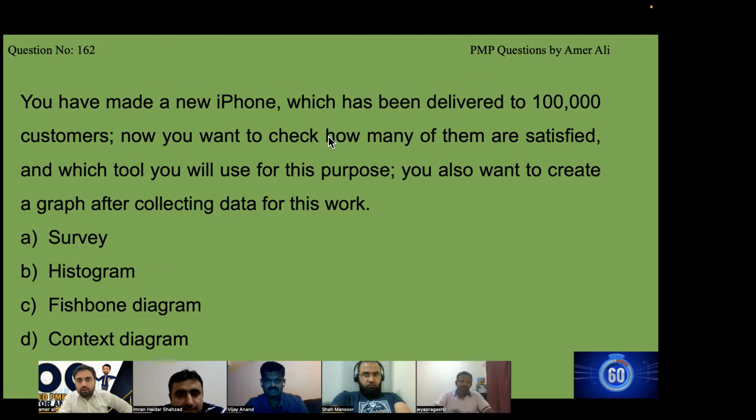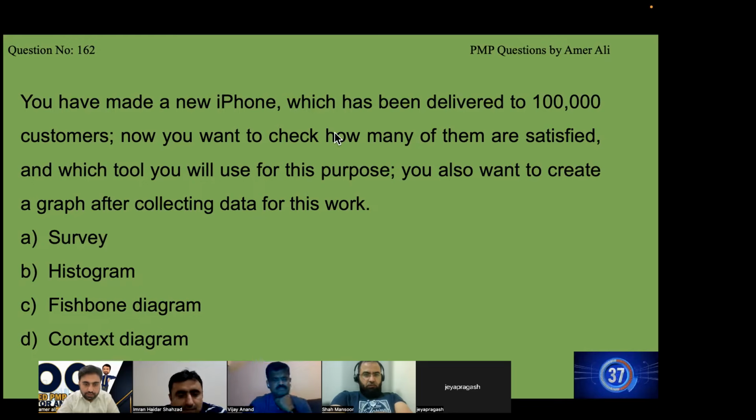Histogram you can use when you want to have a frequency distribution. Please, everyone, do give justification.